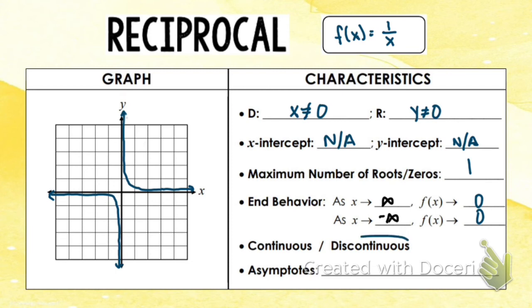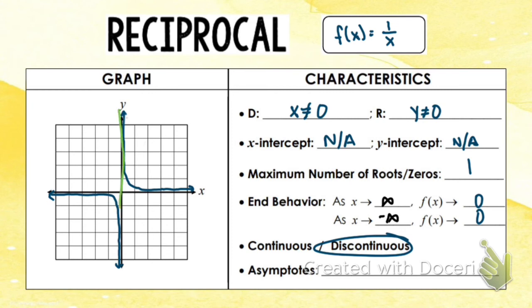This function is discontinuous. See these weird things? That means it's discontinuous. And then finally, we have this word asymptote, and that was covered in your definitions yesterday. But an asymptote is a line that the function never crosses. Do you see how this function kind of creates a horizontal and a vertical line in itself?